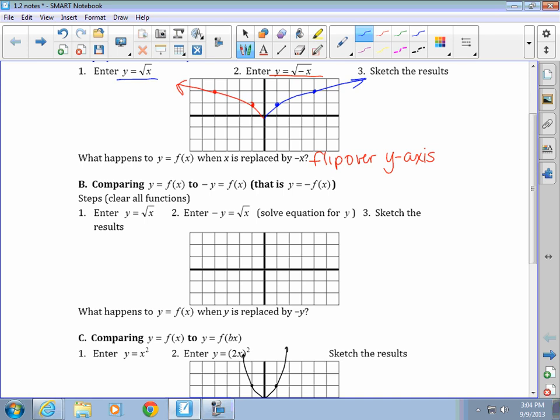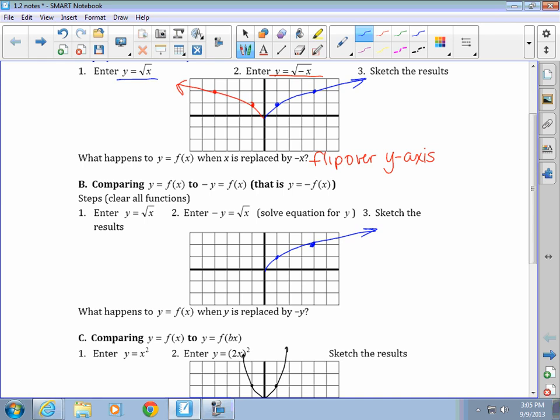So in the second one, we're still doing our base graph of y equals square root x, so that will look just like this. When you apply the negative in front of the y, instead of making the x values negative, you change the y values to be negative, and your graph is going to have a different look.